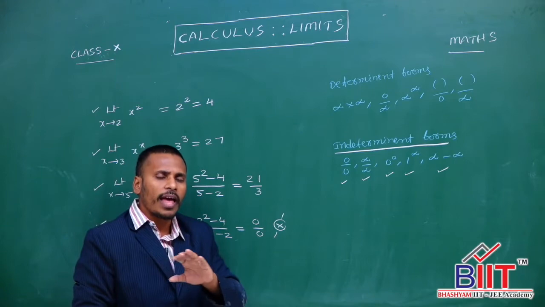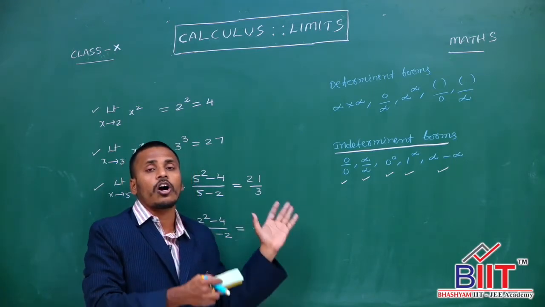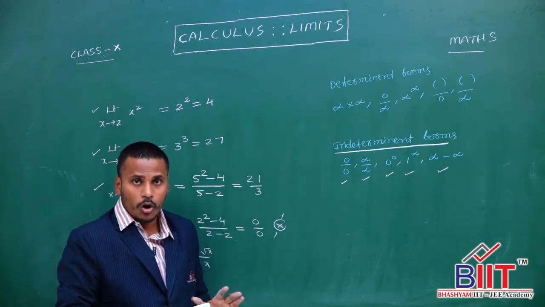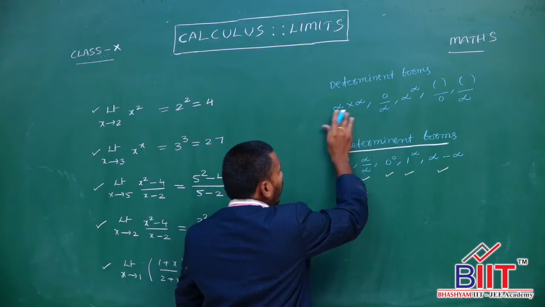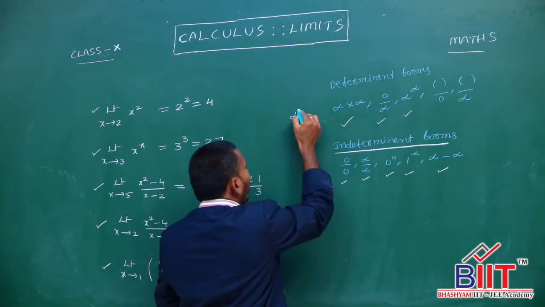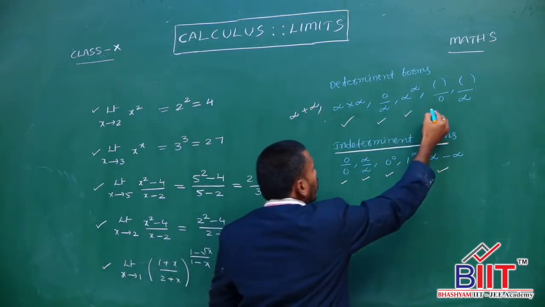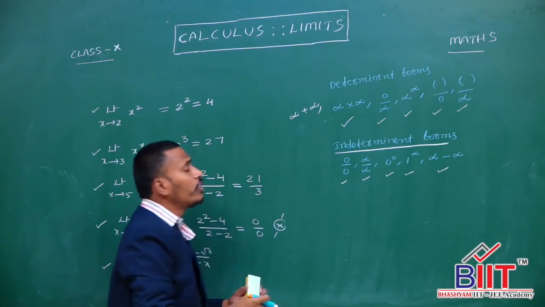I think you all have a clear idea on those forms, because this concept is already covered in our regular class. These are determinate forms here: infinity plus infinity, 0 by infinity, infinity power infinity, something by 0 which is infinity, something by infinity which is 0.